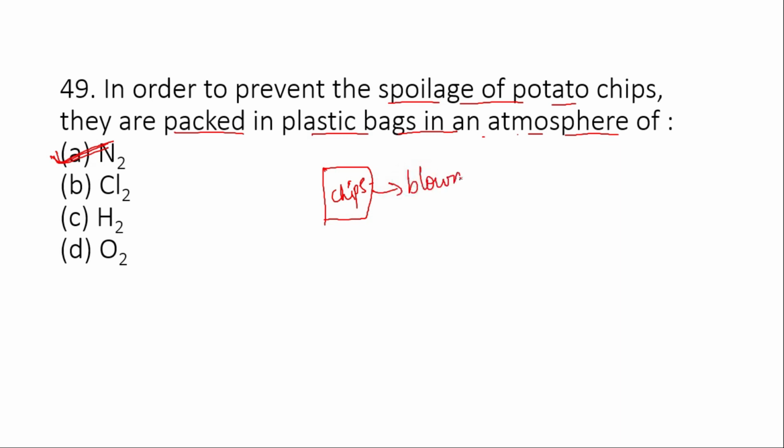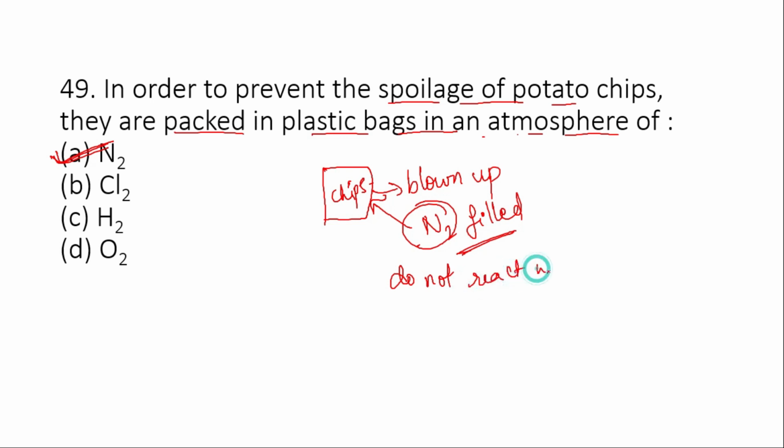It is blown up because ये फूला हुआ क्यों रहता है? Because it is filled with nitrogen. Nitrogen is filled in it because nitrogen will create an inert atmosphere for chips. Why? Because nitrogen does not react with oil and fats, right?